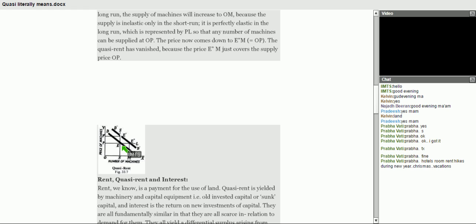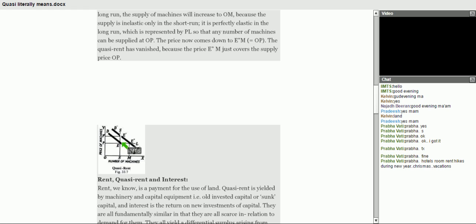Since the supply cannot be changed in this period, from E the price will go from P to P dash, because we cannot increase the supply of machines in the short run.